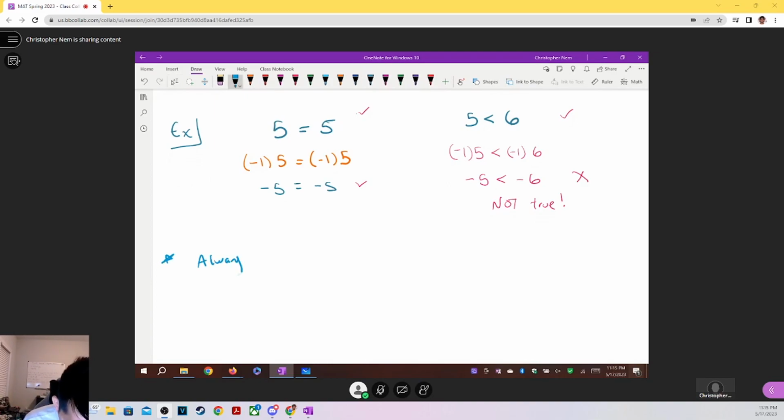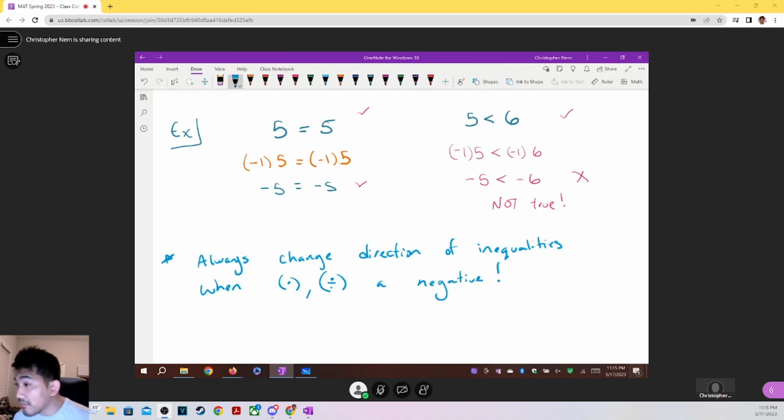Always change direction of inequalities when multiplying or dividing by a negative. When you multiply or divide both sides by a negative, you have to change the direction.